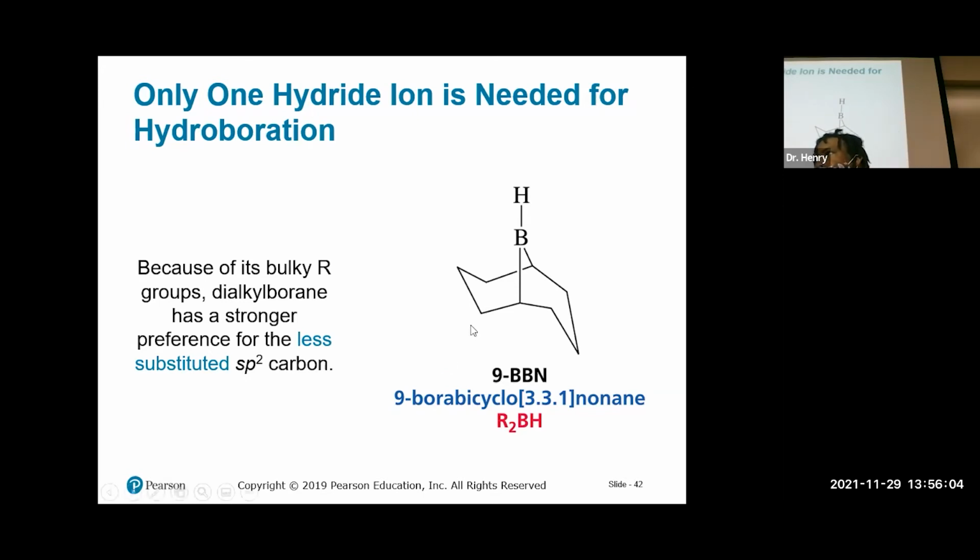So your structure is represented by the 3, 3, 1, right? So your 3 carbons are going to be attached to that hook structure, and we have a steric structure associated with it. You guys remember we were talking about the chair.